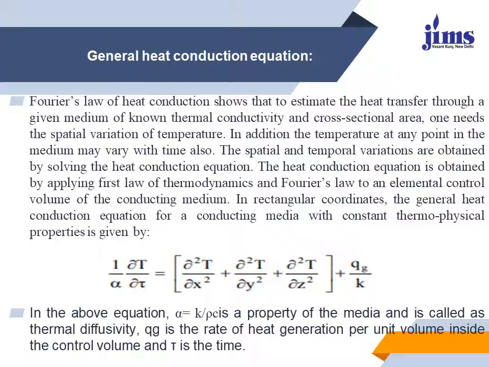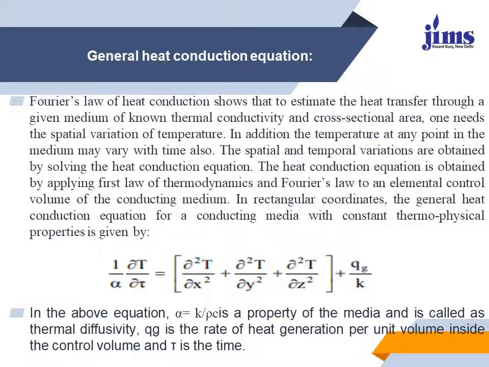In rectangular coordinates, the general heat conduction equation for a conducting medium with constant thermophysical properties is given by 1/alpha times del T by del tau equals del square T by dx square plus del square T by dy square plus del square T by dz square plus qg/k.